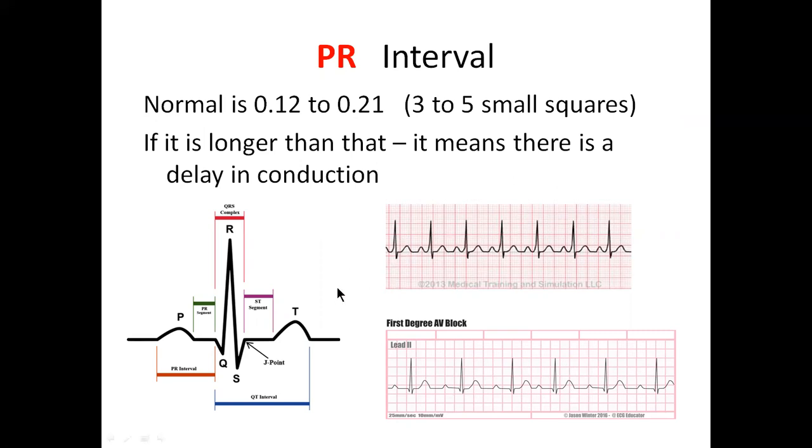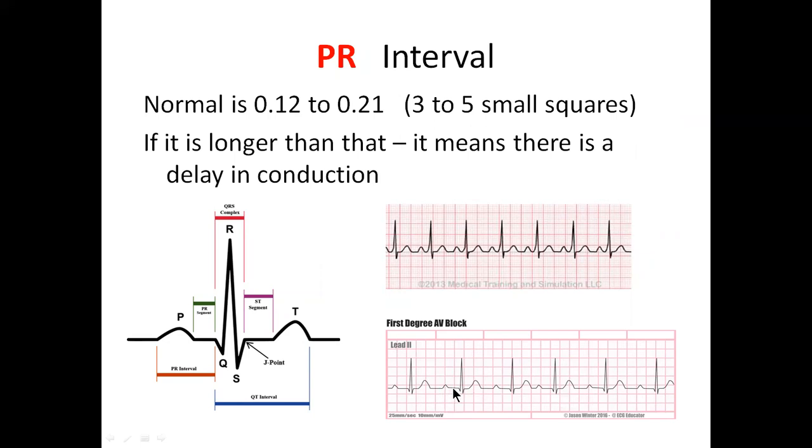The next thing we'll be looking at is the PR interval. And on that, what will happen is it will get longer. So the magic number to remember is 0.12 to 0.2 seconds, or 3 to 5 small squares. On this example, you will see the P starts here, right?